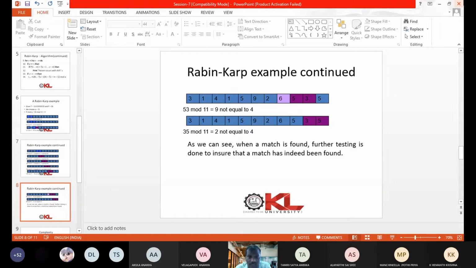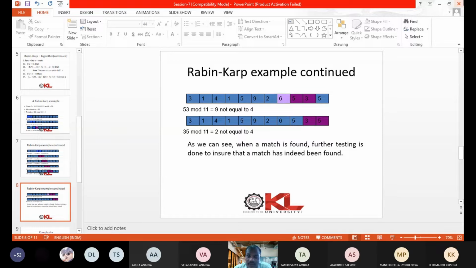So the important point is, first you find the hash value of the pattern, then find the hash value of the string. Not all the characters of the string, only the number of characters which matches the pattern length. Further, you compute the hash value. If the hash value of the string and pattern are the same, then compare them character by character.